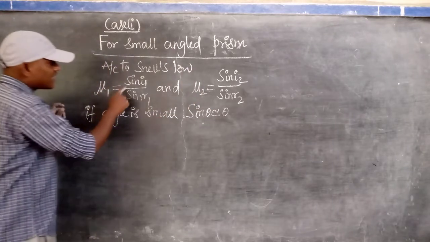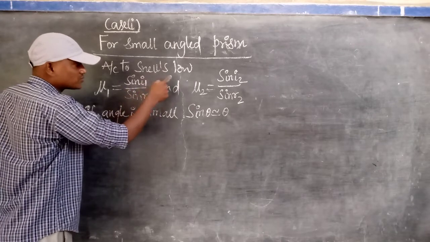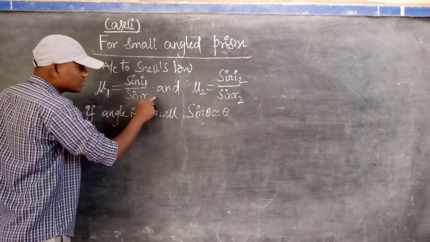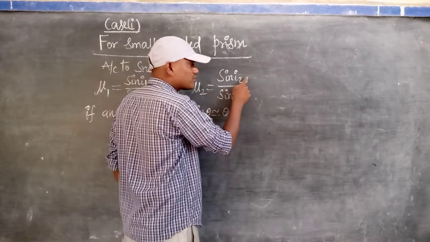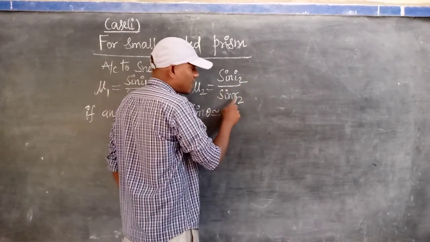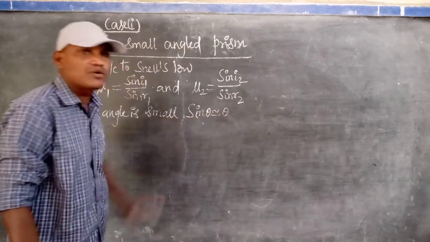In the same way, sin I1 equals I1, sin R1 equals R1, sin I2 equals I2, and sin R2 equals R2, because sin theta is approximately equal to theta.